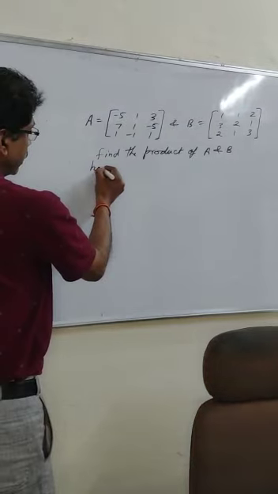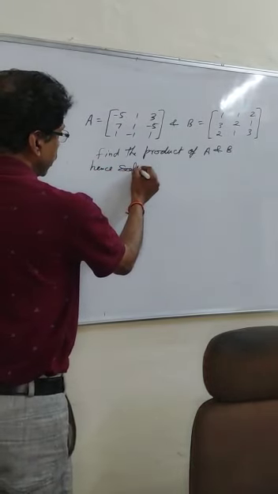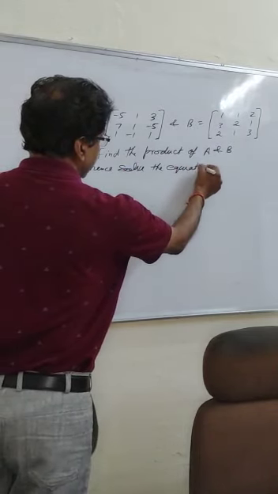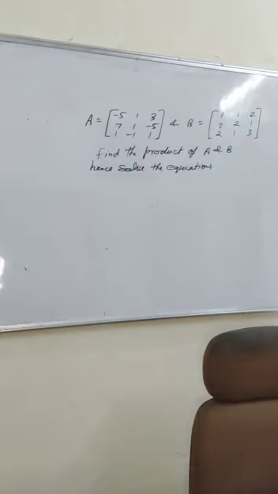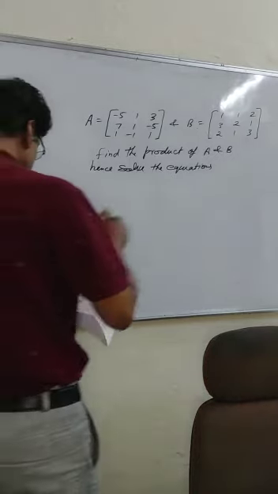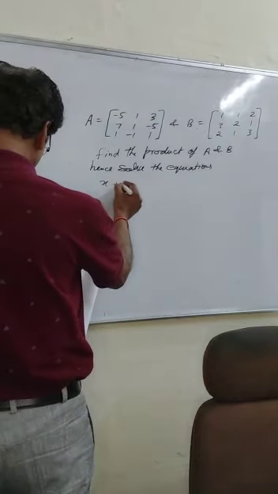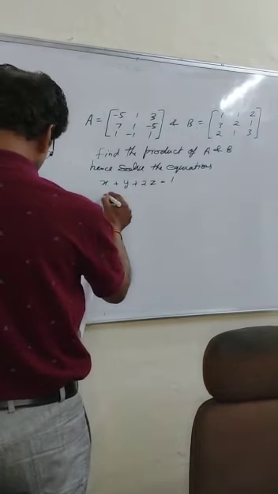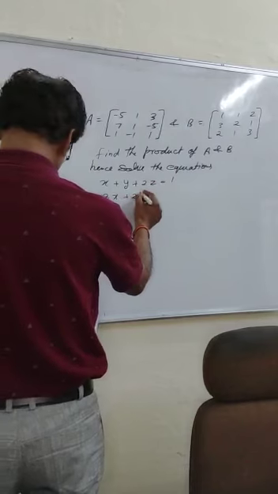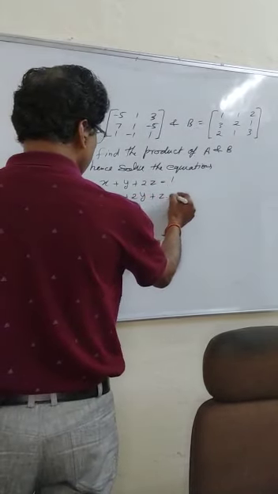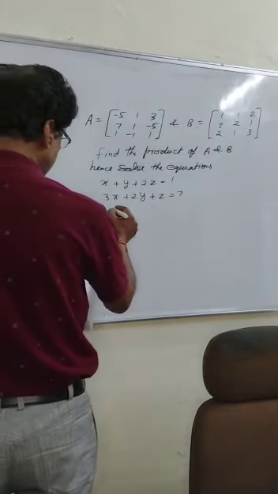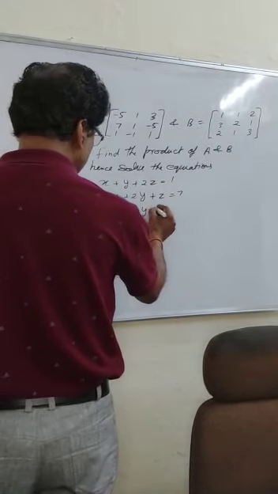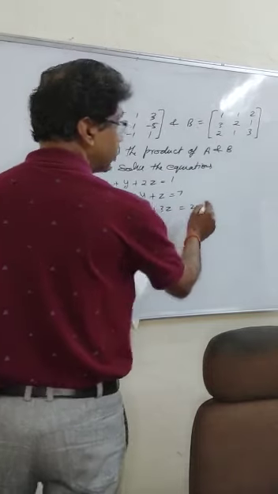Hence, solve the equations: x plus y plus 2z is equal to 1, 3x plus 2y plus z is equal to 7, and 2x plus y plus 3z is equal to 2.